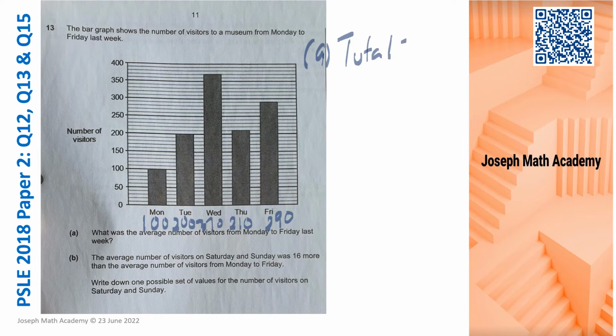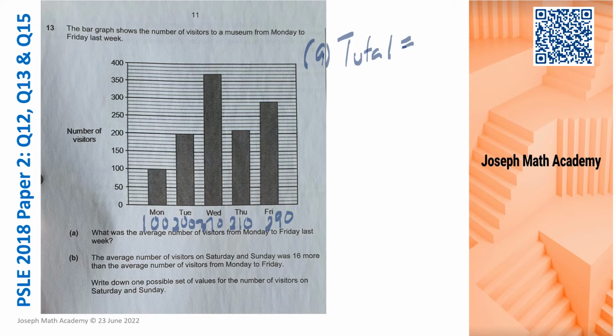So if you add all the values here, 100 plus 200 plus 370 plus 210 plus 290, adding up everything will be able to help us to get the answer for part A. Okay, so it is actually a very simple P5 concept on average.